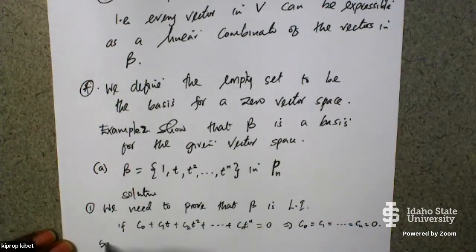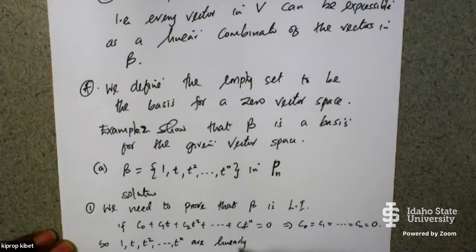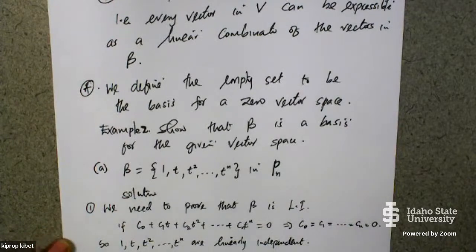So 1, t, t squared, all the way to t^n are linearly independent. That's the process.